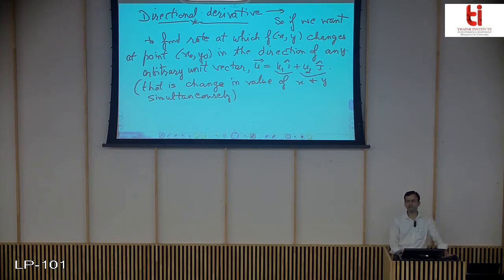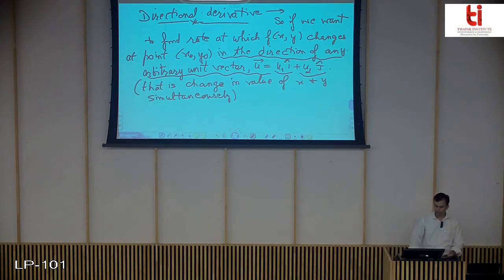Both components are available, not only i and not only j, both are present. So basically x is also varying and y is also varying. So instead of saying that we are finding the rate of change of f with respect to the change in the value of both x and y simultaneously, we are saying that we are finding the rate of change in the direction of any unit vector u. That is what it simply means, that x and y are varying.